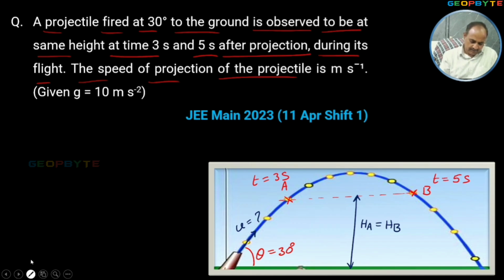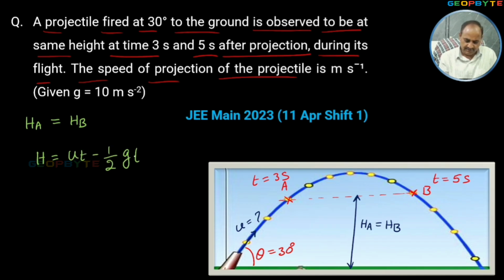Here the condition is HA equal to HB. Let us write the general formula first: H equal to ut minus half gt square.